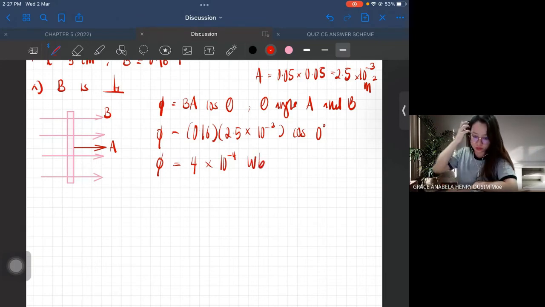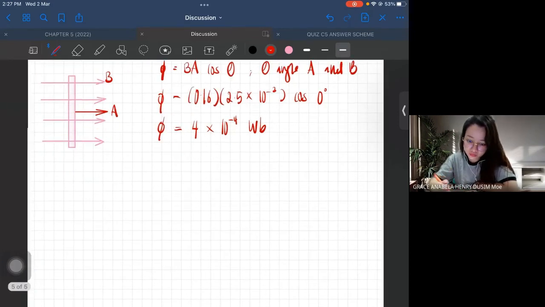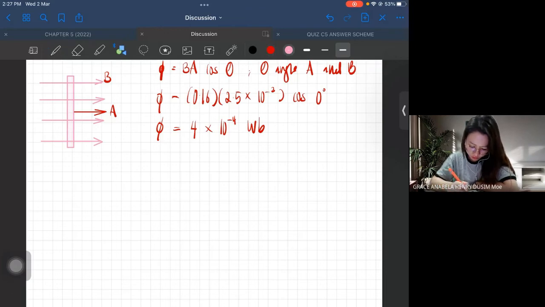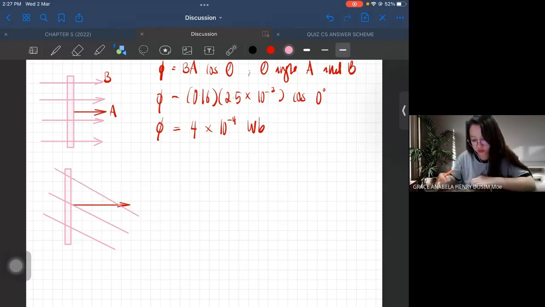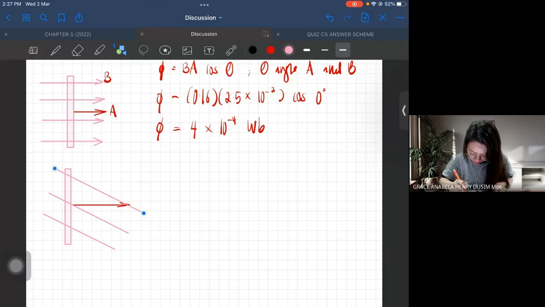Next, they say the magnetic field is at 30 degree to the area of the loop. So this is your loop of wire, your area is this one, and if you draw the magnetic field, this is your magnetic field.